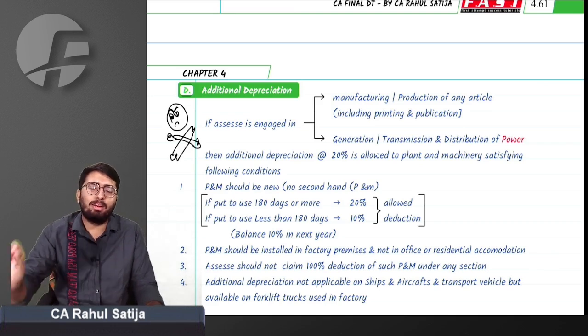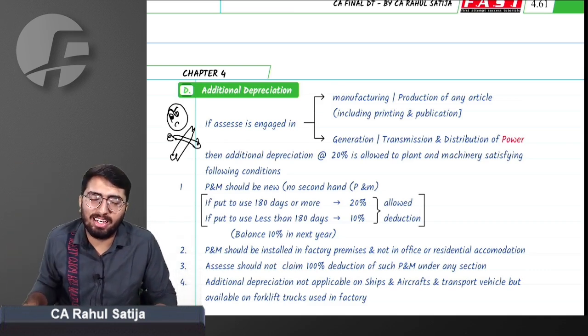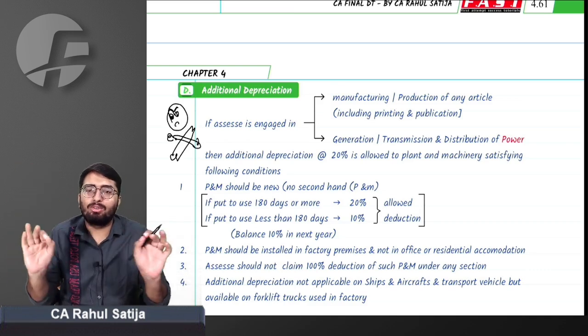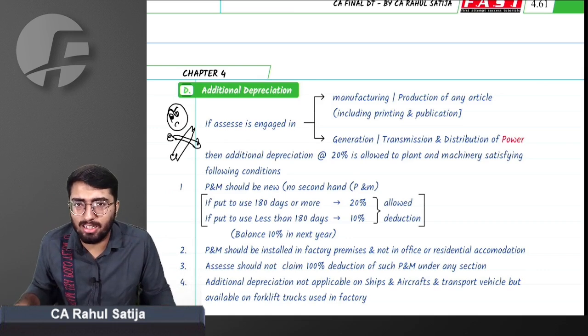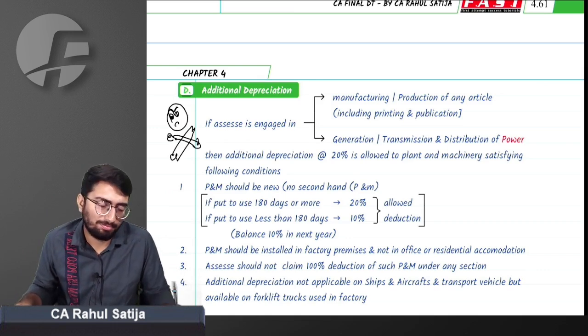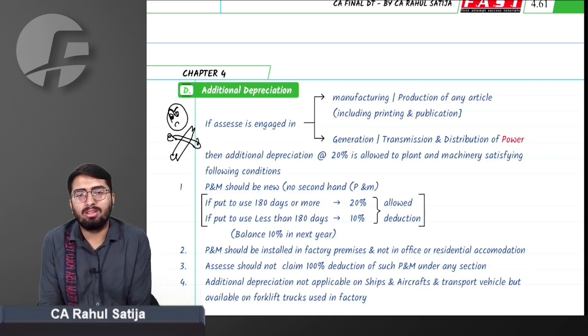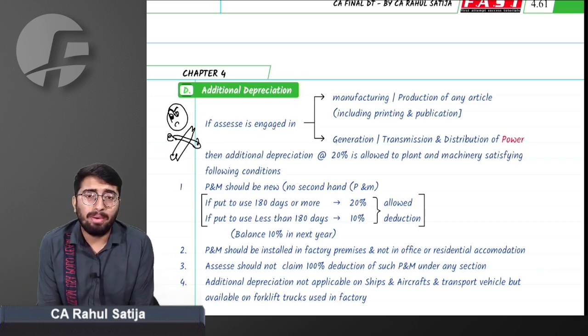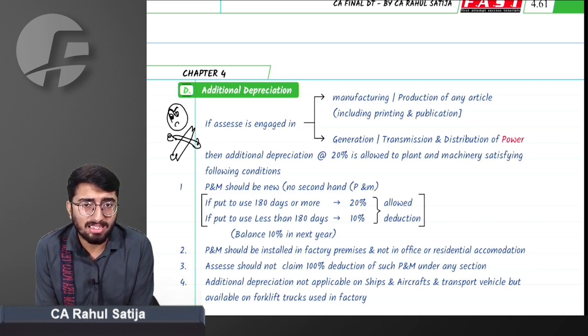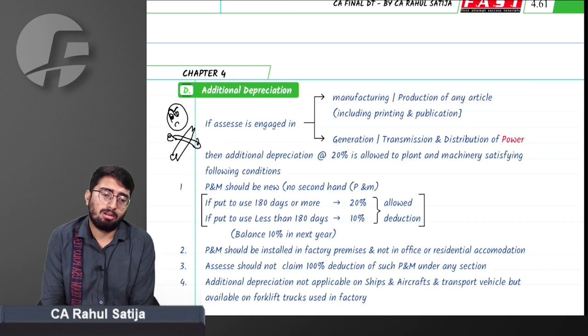You tend to forget minute details, and even if you remember, while computing total income you tend to forget the additional depreciation adjustment to be made. For that matter, I want you all to draw the skull on this topic because many a times the question gives you that the entity is a manufacturing entity.